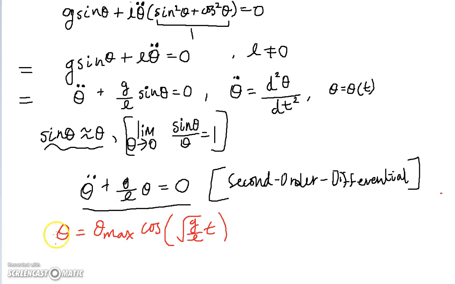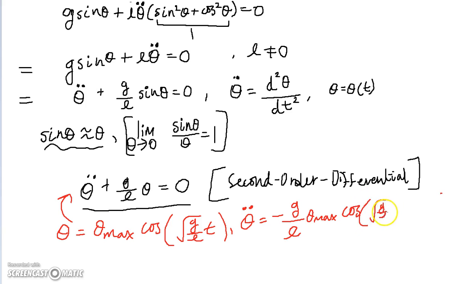And remember, theta is our angular displacement function. So if this is truly a solution, then it should satisfy this equation. So let's check. Well, theta double dot, the second derivative of theta with respect to t, I'll skip a couple steps here, but it is actually negative g over L theta max cosine root g over L t.